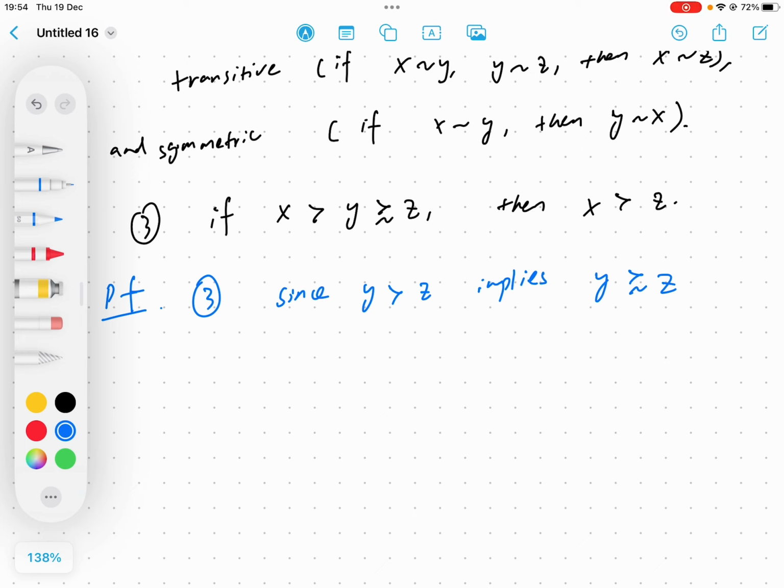So this must be true, because that implies this. Then transitivity gives us that x is weakly preferred to z.